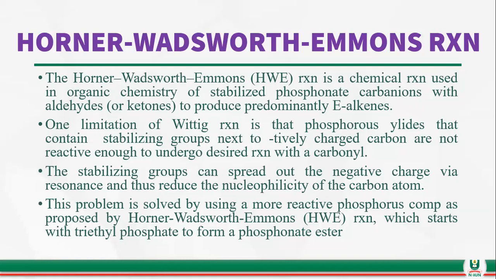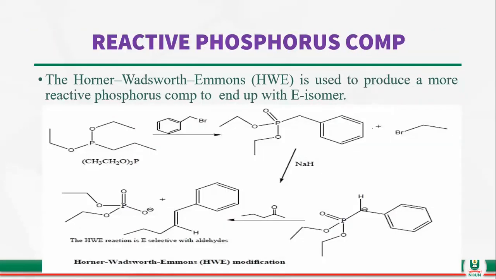So if you are using a compound like triethyl phosphite ester, you know that the phosphorus is more reactive and allows you to proceed to get your E isomer. This is an example of what we are saying. You look at this phosphorus now. Correct that in your course material.